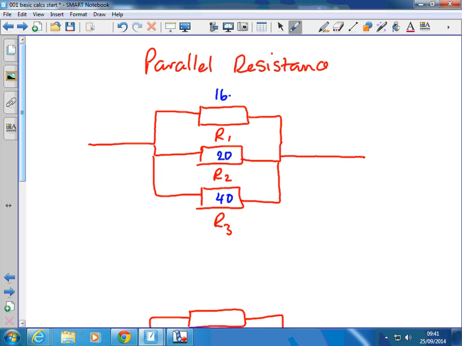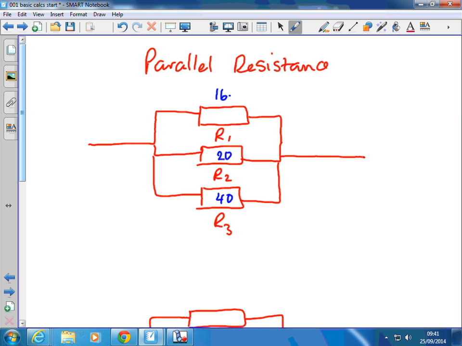So where we've got more than 2, and in fact this method works regardless of what the values are, but when you've got values that are the same or you just got 2, there are alternative methods.